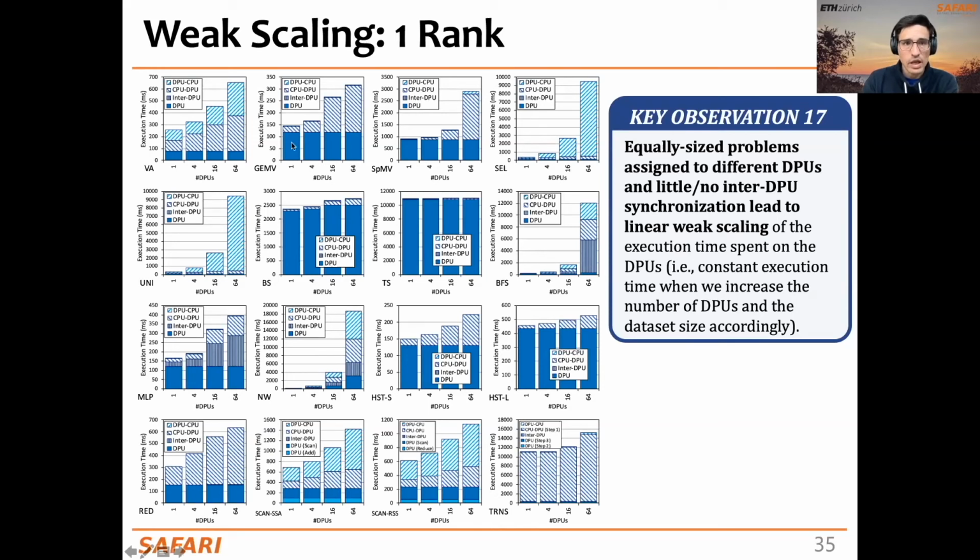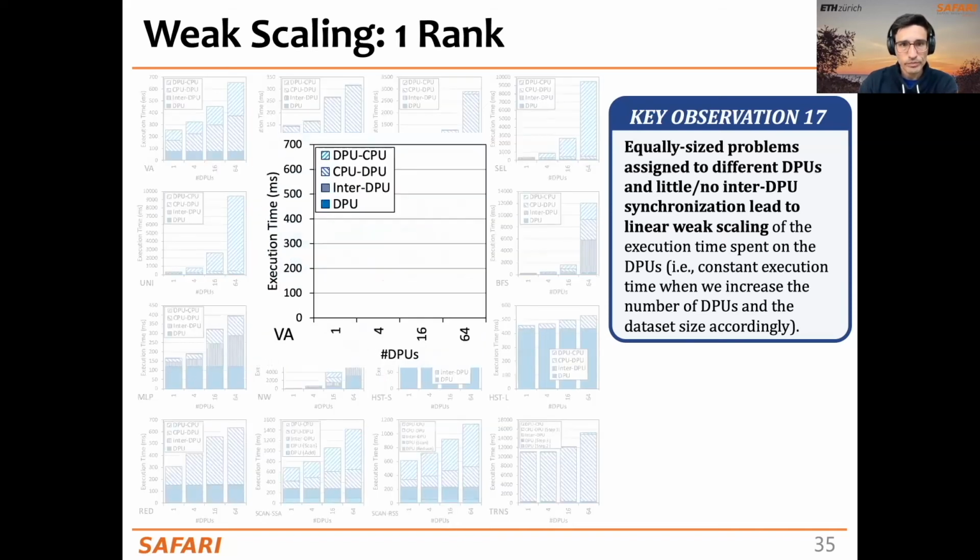We can observe that, for example, here for BS, for GEMV, even for SpMV, and many other PrIM benchmarks. We see linear scaling because essentially the kernel time remains flat as we increase the problem size and the number of DPUs.